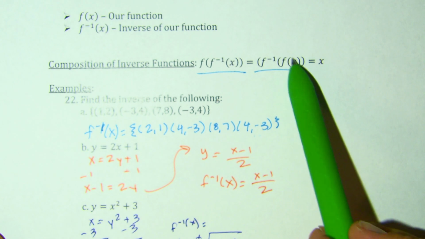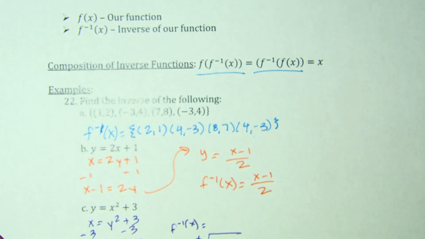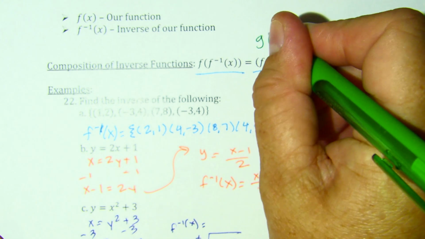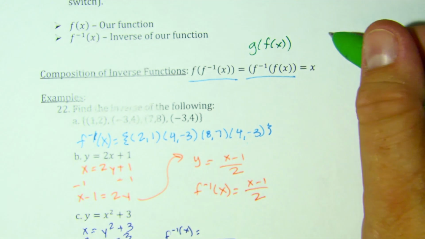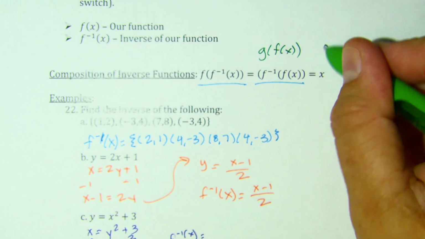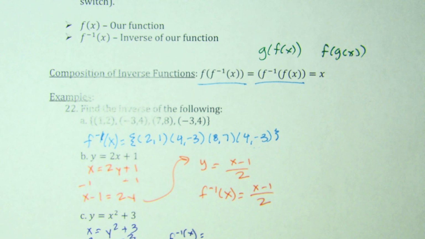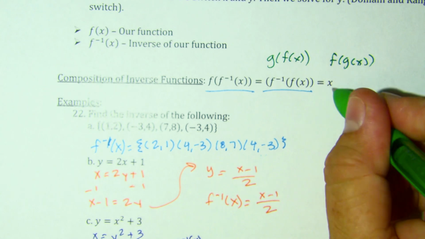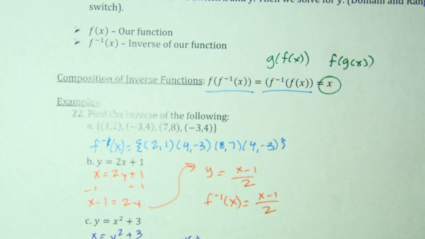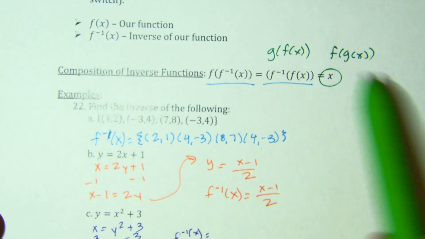So if we plug f of x into the inverse, or if we plug the inverse into f of x, doing that function composition, if you remember back to g of f of x, and if you recall f of g of x. Plugging a function into another function, if we plug the inverse into the original, then it will equal exactly x. It's not that they're just equal to each other, it's that they're both equal to exactly x, and vice versa if we plug them in the other way.